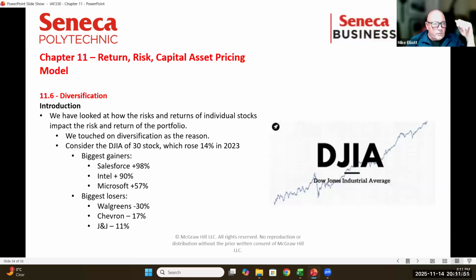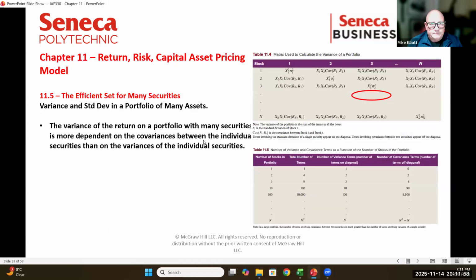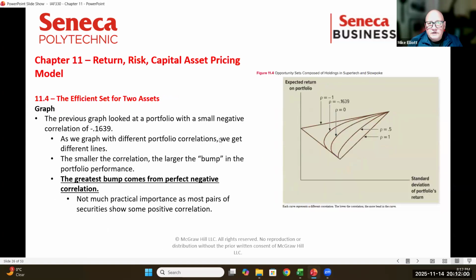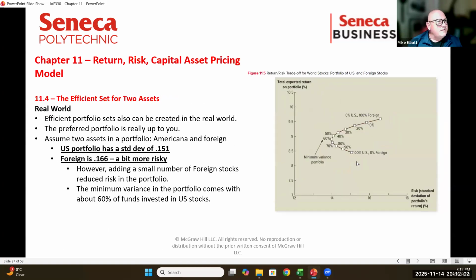We looked at how risk and returns in individual stocks could impact the risk and return on the portfolio. We looked at the creation of an efficient frontier by moving the combination of stocks around to say, how do we stay on this efficient frontier by just combining different stocks?